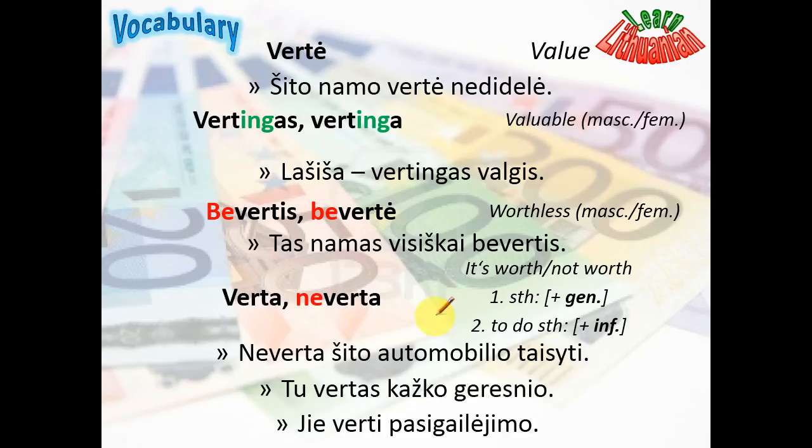If you use such a negative word like neverta, you should turn the accusative into genitive. Just like normal verbs have nouns in accusative, negative verbs have nouns in genitive. So the same goes for this negative word.